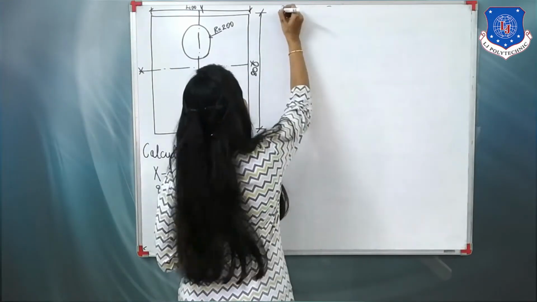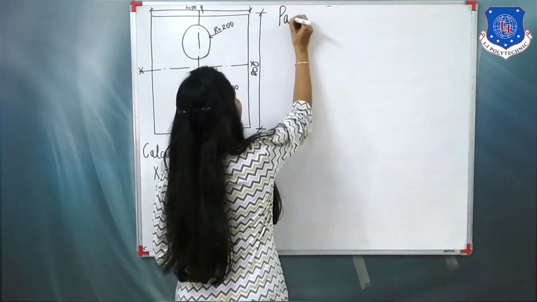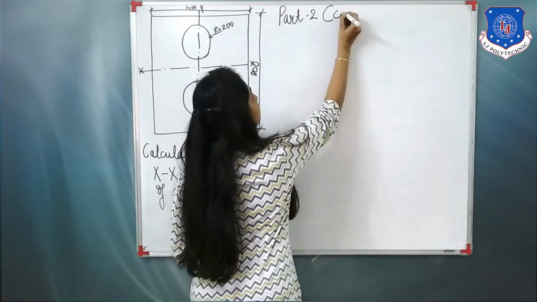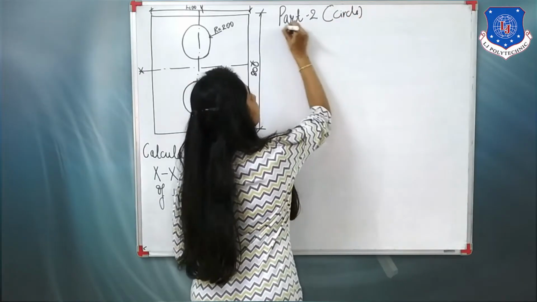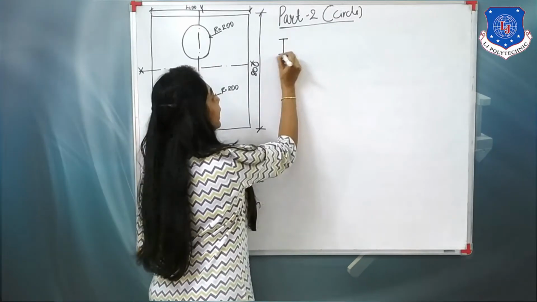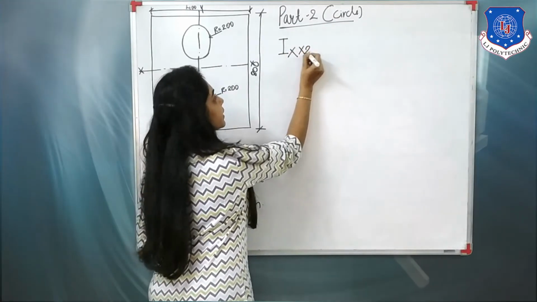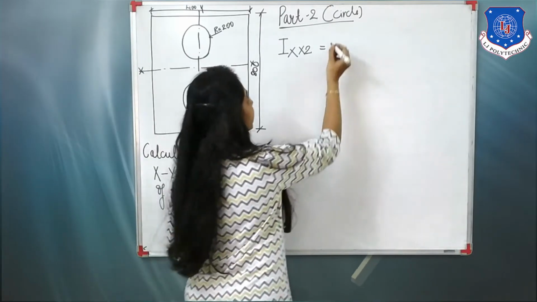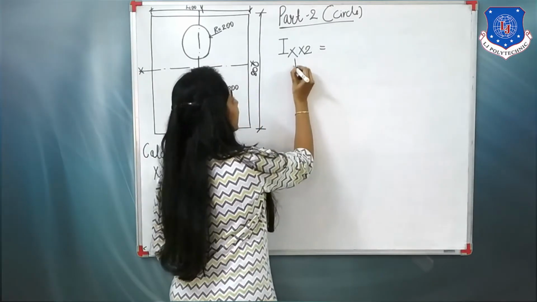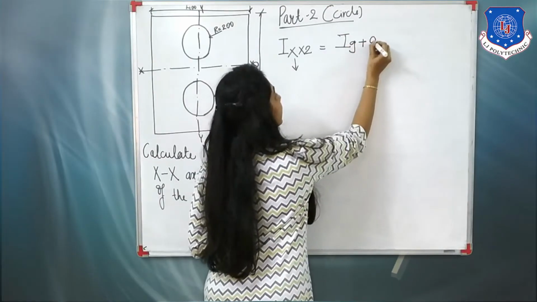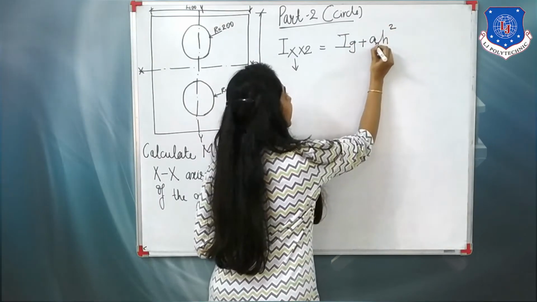Now my second part will be the circle. In this, I will consider Ixx2. Here Ixx2 will use the formula Ig plus AH square.